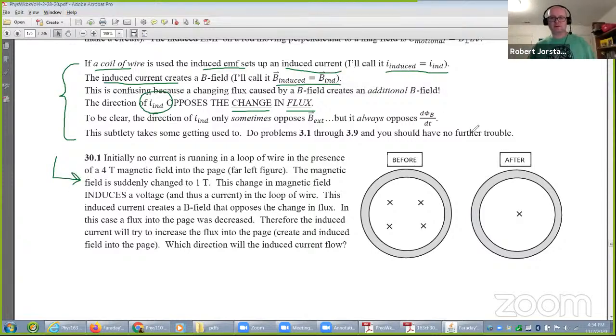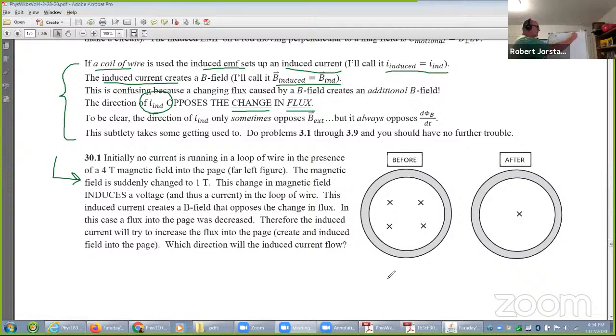So you guys have got 30.1. I'm going to draw it up on my board here. All right, let's focus on what we're doing here. So we got a loop. This is before.